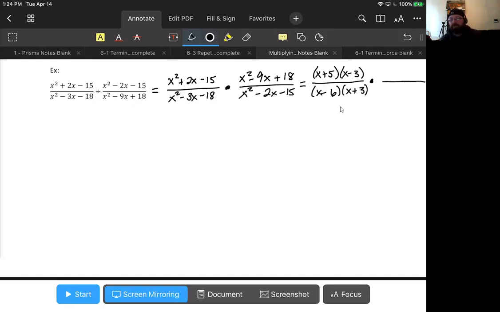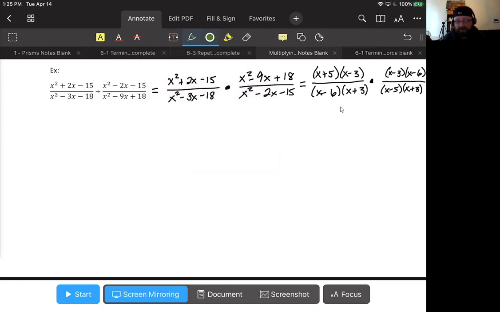So we need two numbers that multiply to 18 and add to negative 9. That would be x minus 3 and x minus 6. And finally, on the bottom of the second fraction, we need two numbers that multiply to negative 15 and add to negative 2. That would be x minus 5 and x plus 3.